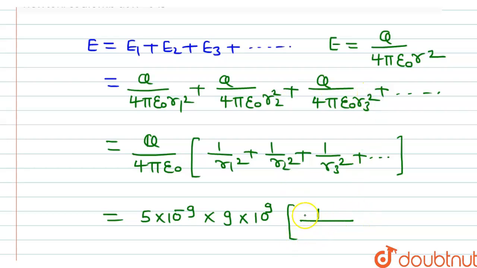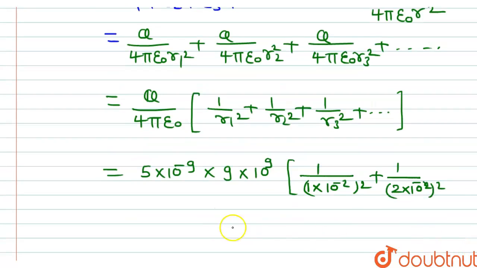So it will be 1 upon R1 square, that is 1 centimeter, 1 into 10 raised to the power minus 2 bracket square, plus 1 upon 2 into 10 raised to the power minus 2 bracket square, plus 1 upon 4 into 10 raised to the power minus 2 bracket square, plus, and so on.